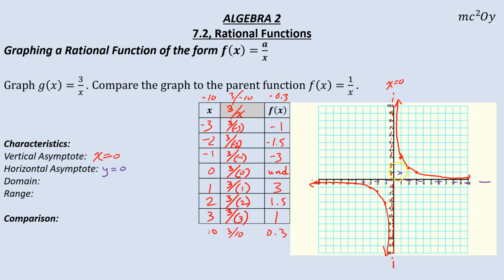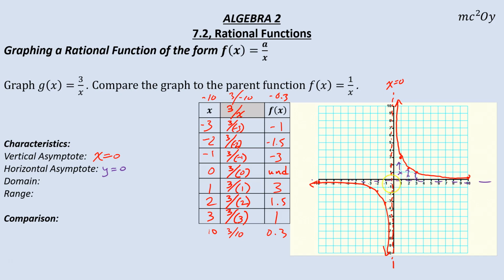Our parent function, 1 over x, was at a half, and then at a third. Notice 1 times 3 is 3, 1/2 times 3 is 1.5, and 1/3 times 3 is 1. So this graph has stretched this way by a factor of 3.